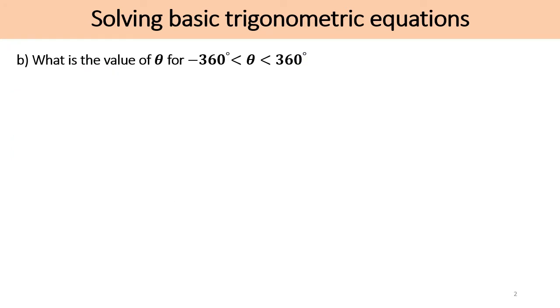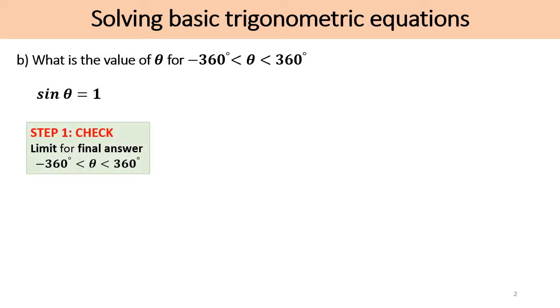Next, we are going to find the value of theta for theta between negative 360 degrees and 360 degrees. We refer to the same question as before, which is sine theta is equal to 1. Checking the limit for our final answer, we just take the given limit in the question.